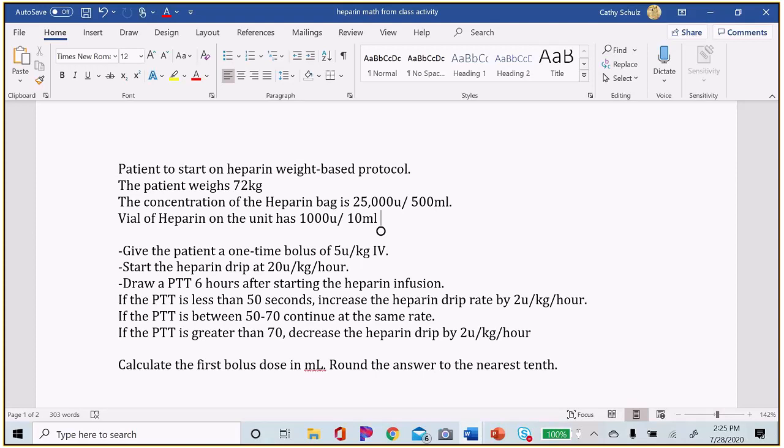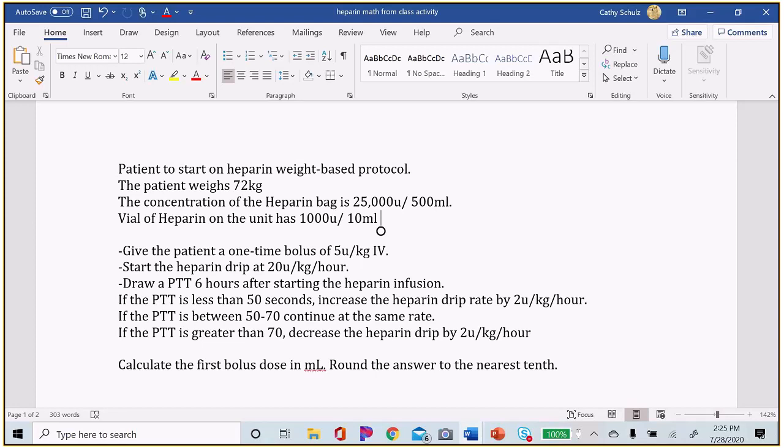That bag's concentration will be 25,000 units in 500 milliliters, although you'll be given that information so you don't have to memorize it. And the vial of heparin is that little glass vial, and the concentration is usually 1,000 units in 10 milliliters. Again, that information will be given to you so you do not have to memorize it.